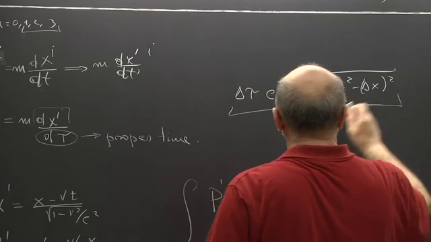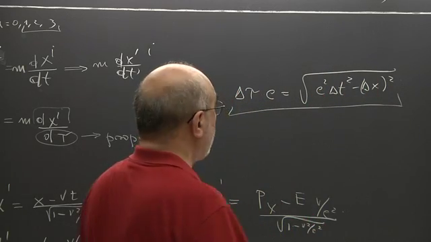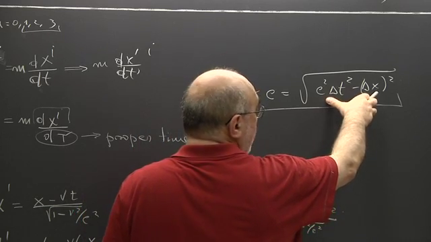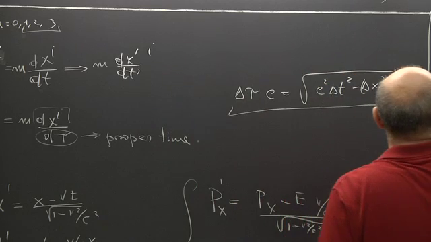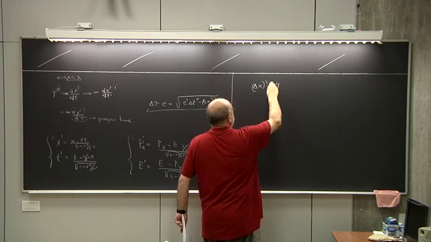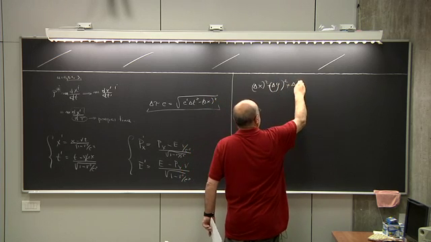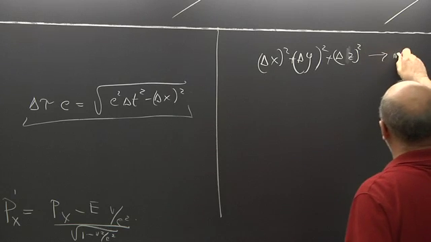Now, why is this very important? First, as I already mentioned in the first lecture, this is a sort of pseudo-length. By analogy, in a rotation the length is this, and it is invariant under rotation.